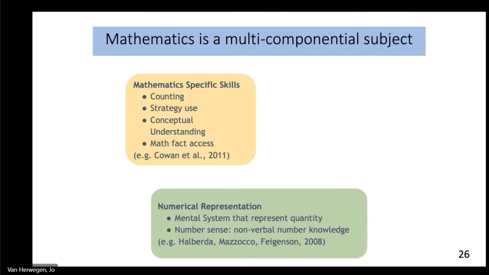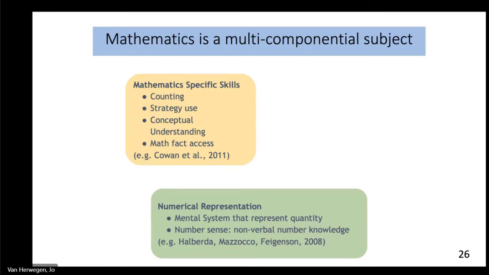And we've looked at numerical representations, understanding what numbers are and how they relate to each other, which relates to this number sense or core system. Your estimation ability belongs to that system as well. But being good at maths also includes a lot of other abilities.